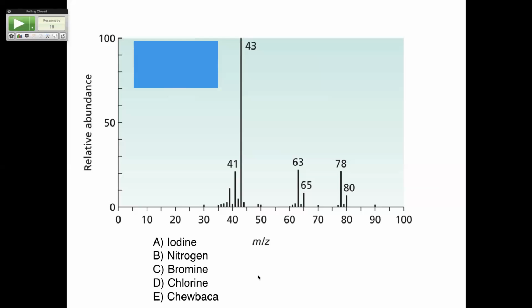Notice that you still have chlorine in there. How do you know you still have chlorine in there? Because you still have the 3-to-1 ratio. Until you finally lose chlorine from your molecule and get to 43, you are always going to have that little ratio because the heteroatom is still in the molecule.